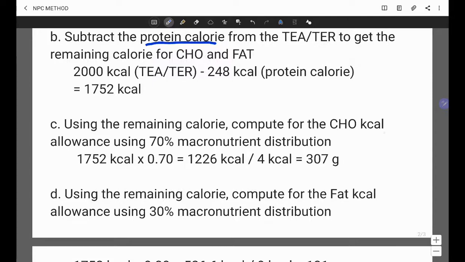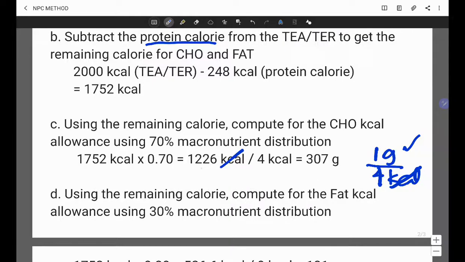Remember that the energy yield for carbohydrates is 1 gram over 4 kilocalories. So we need to put that here. We need to divide that by 4 because we need to cancel this off, so that would give us the gram as a remaining unit of measurement.